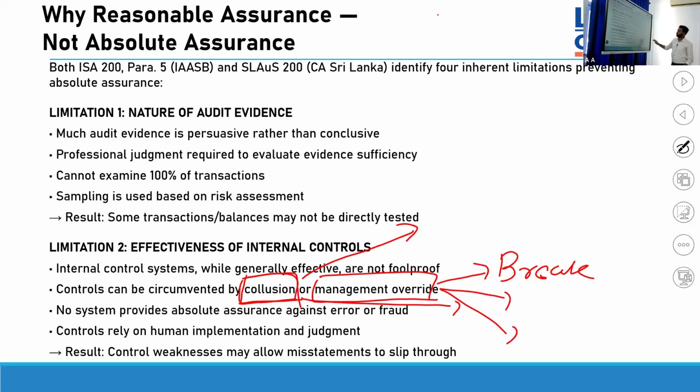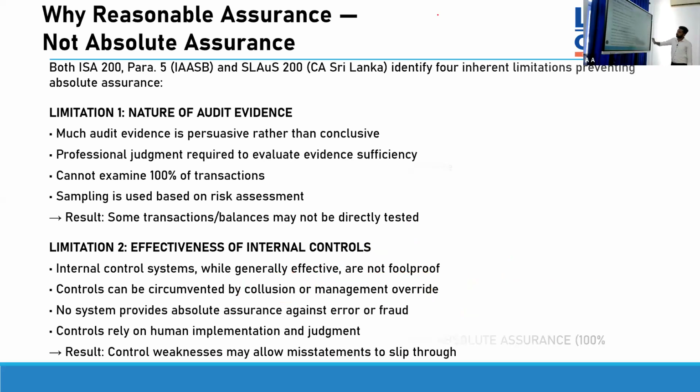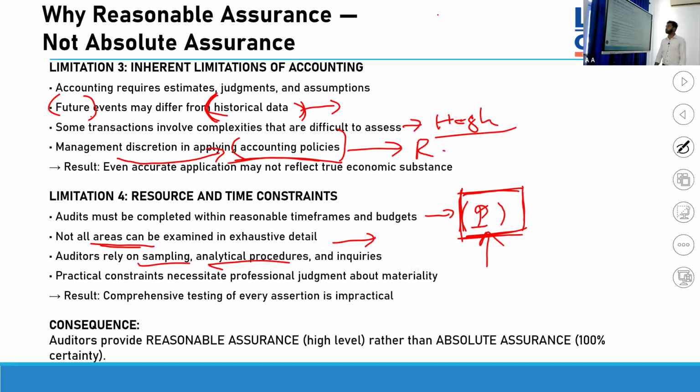Okay then. So these are the four inherent limitations which prevent us from providing absolute assurance as an auditor. That's why we provide reasonable assurance rather than absolute assurance. Always keep in mind there is no assurance called absolute assurance, because it represents 100% certainty.